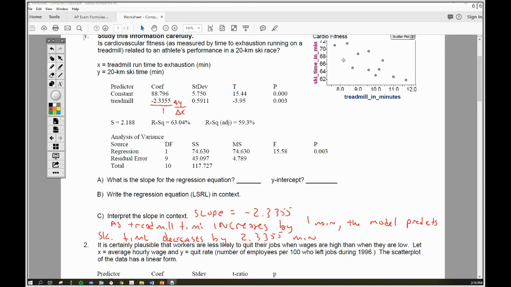So as x goes up by 1, we're going down by 2.3355 minutes on average. The model predicts is telling us it's not guaranteed. We're just expecting that on average, we're going down by that much every time we go up by a minute. Notice I said decreases here and I didn't put a negative. You don't want to have a double negative.